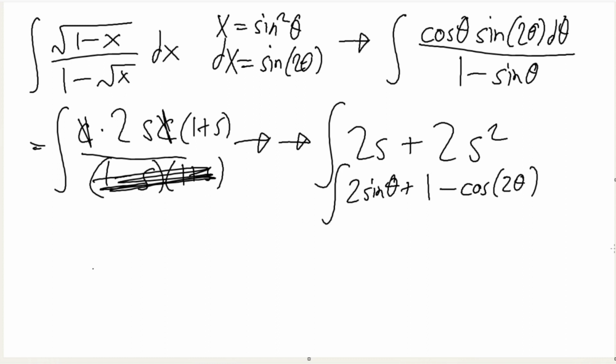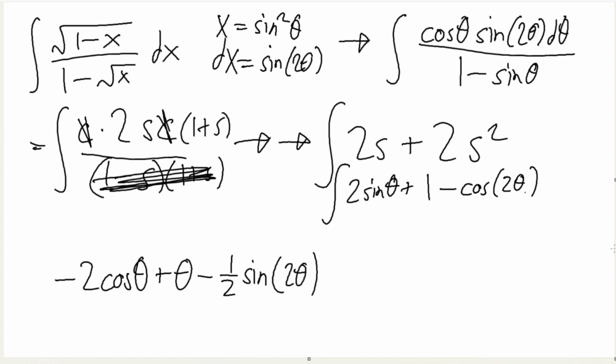And when we integrate this, we get negative 2 cosine theta plus theta minus a half of sine 2 theta. Yeah, that sounds about right. So now our theta is inverse sine of square root of x.